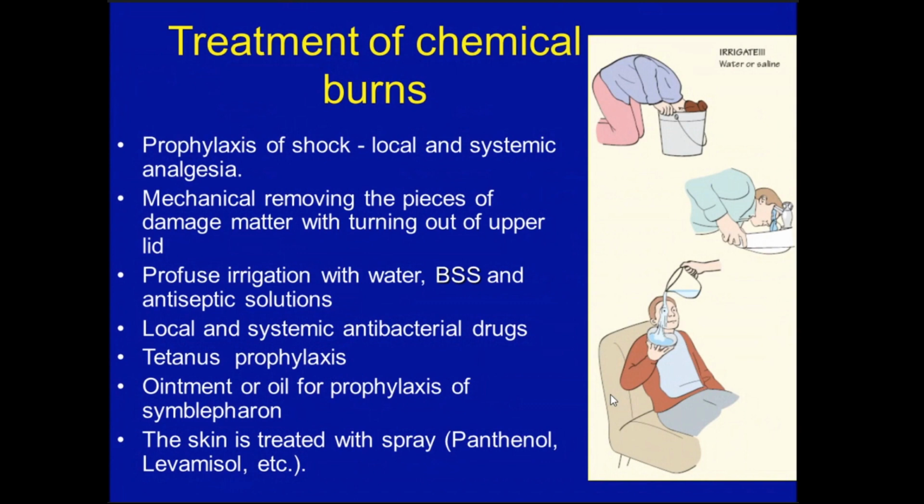If we see pieces of chemical structure, we should remove these pieces, and then we should irrigate and wash the eye as much as possible to remove the pathological agent very carefully.